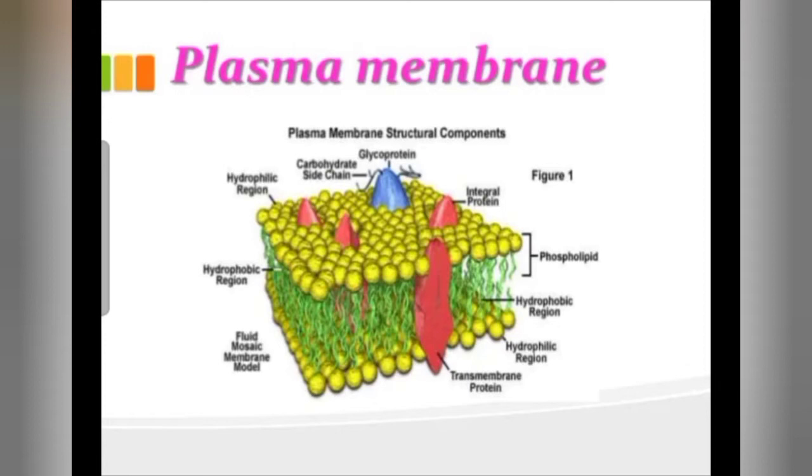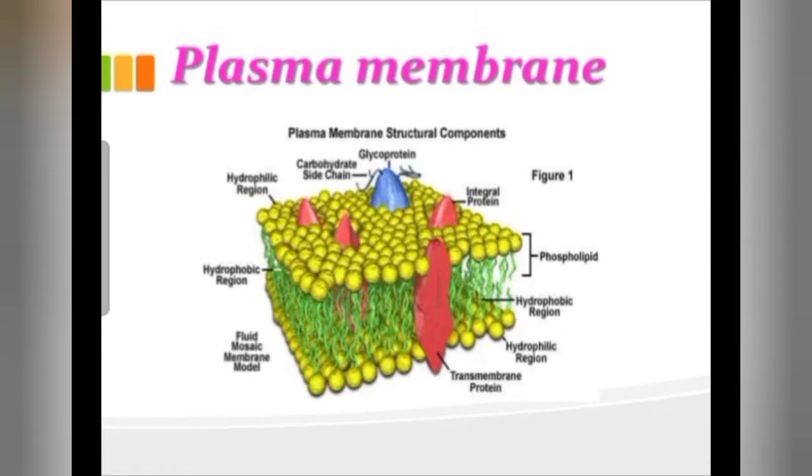In the external environment, the concentration of CO2 is low as compared to inside the cell. So CO2 moves out of the cell from the region of high concentration to the region of low concentration outside the cell by the process of diffusion.